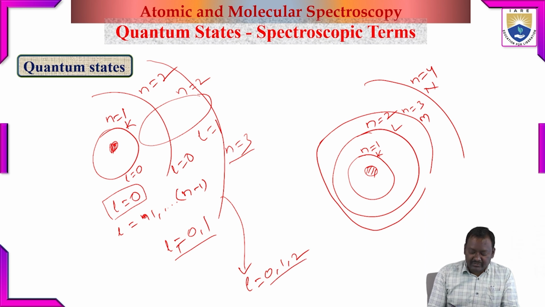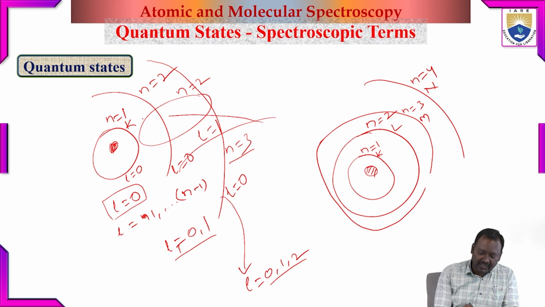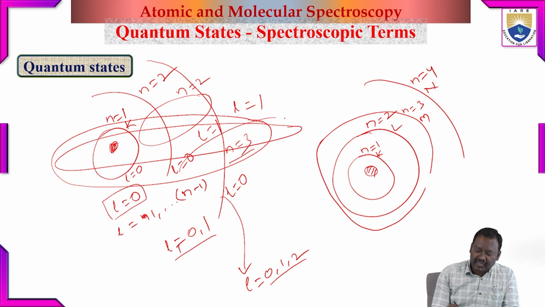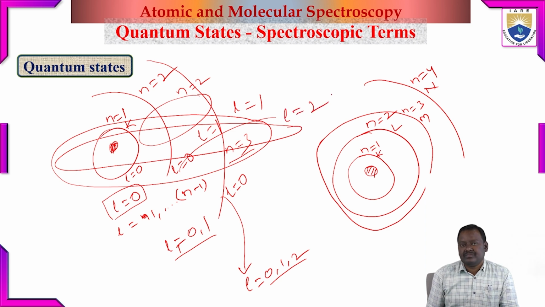That means for the circular orbit l equal to 0, and there should be one more elliptical orbit with l equal to 1, and one more elliptical orbit with l equal to 2. So it seems a little complicated, but the internal structure of an atom would be like this, according to the theory of Sommerfeld.